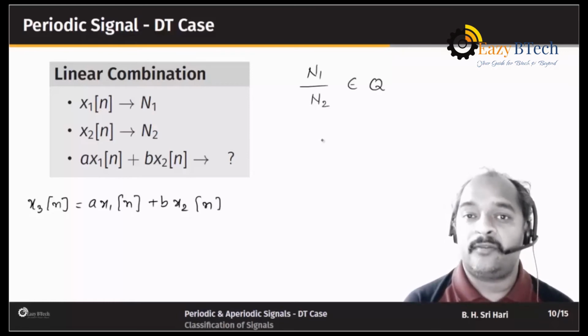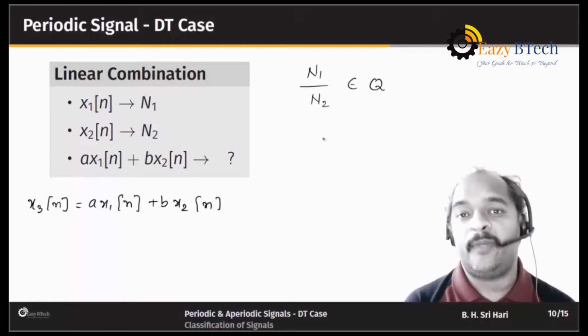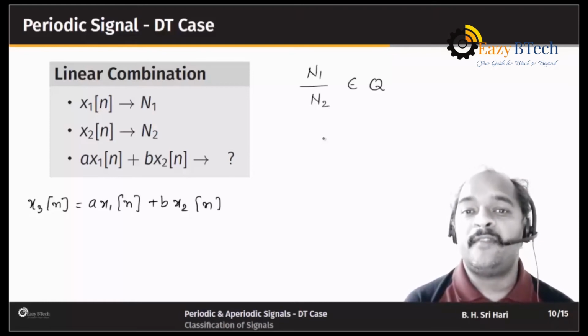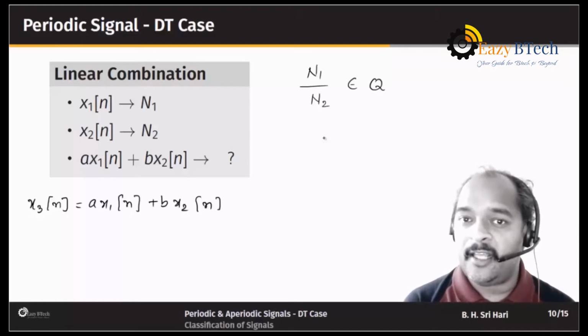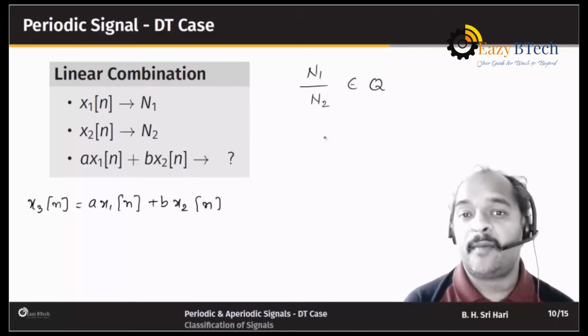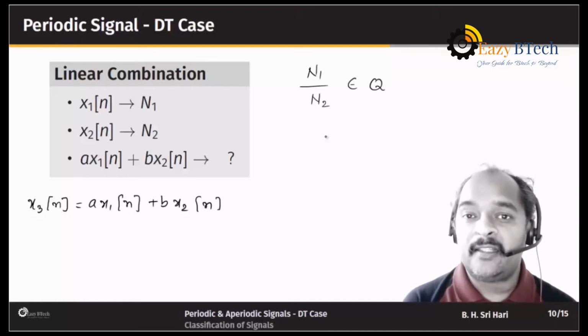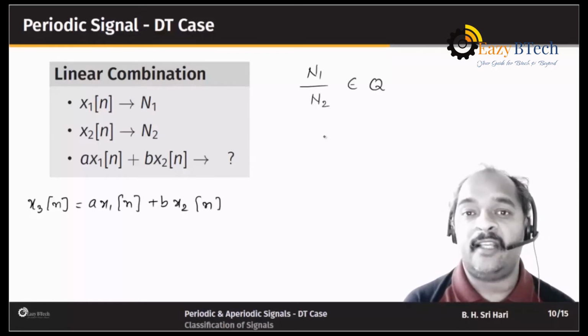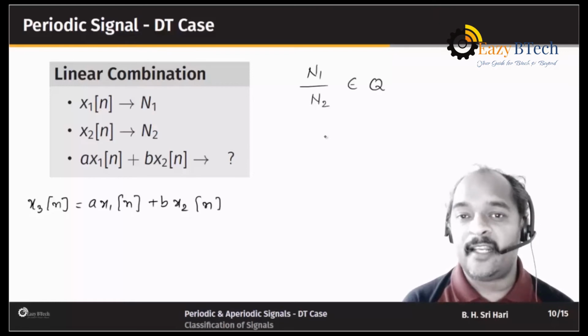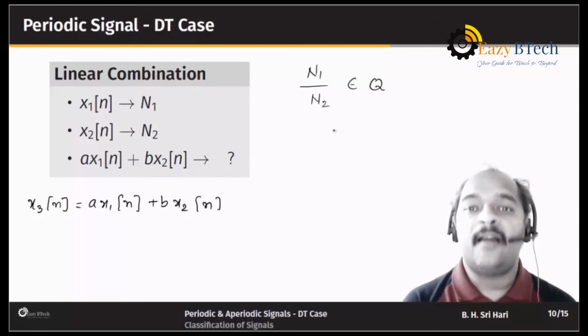Why? a x1 of t plus b x2 of t is periodic if and only if their ratios are rational. They can be irrational also, but here, because the periods N1 and N2 are always integers, the ratio is always a rational number. Because it is always a rational number, the linear combination of discrete time periodic signals is always periodic.